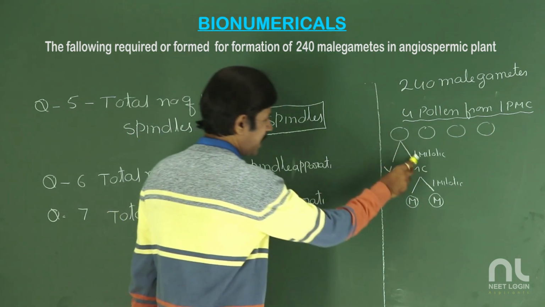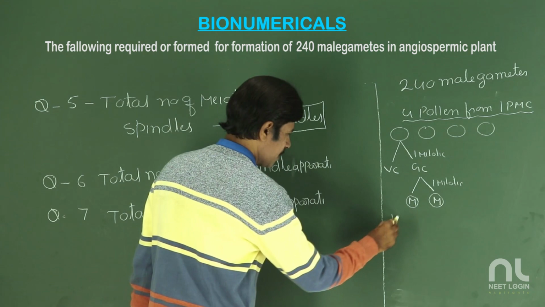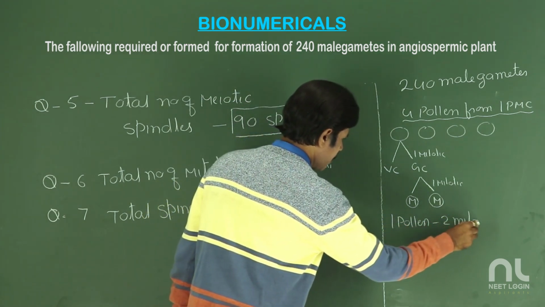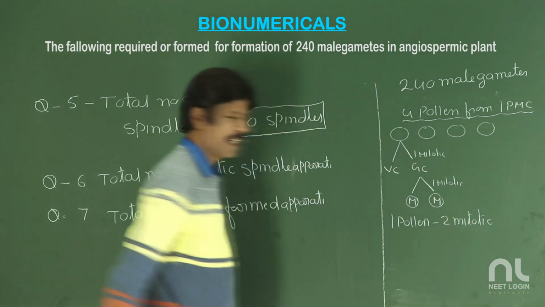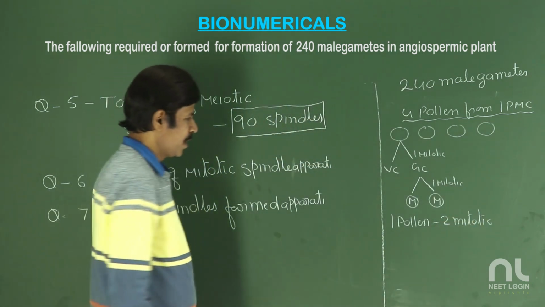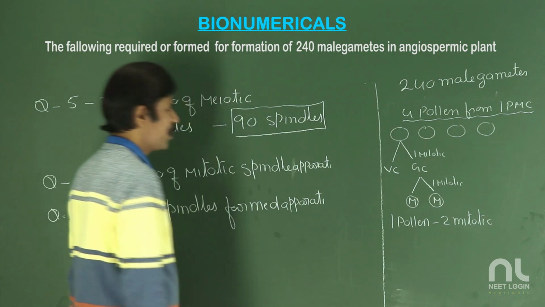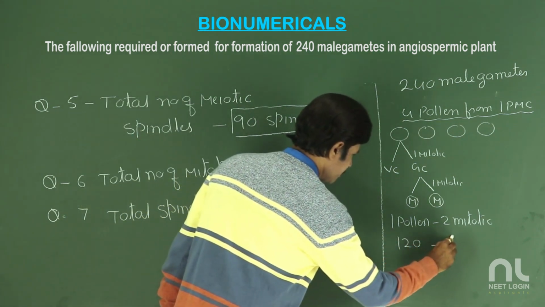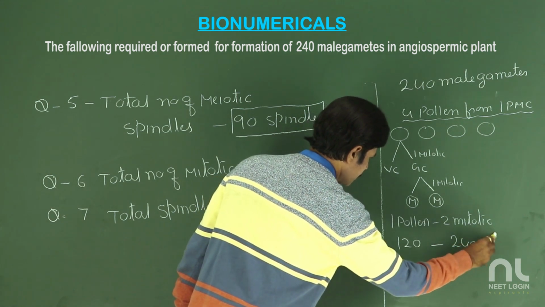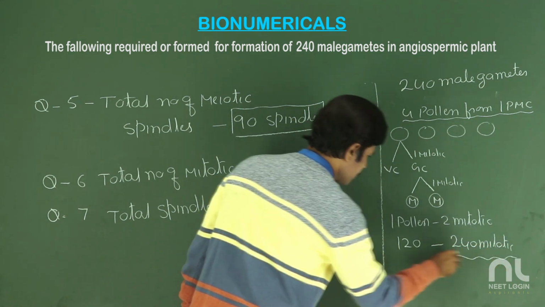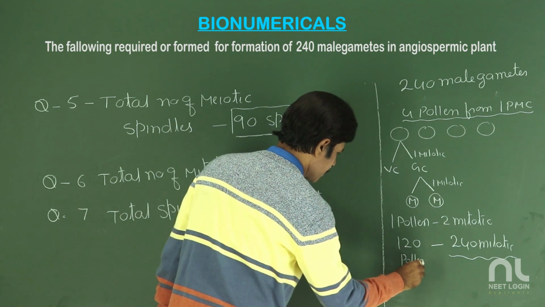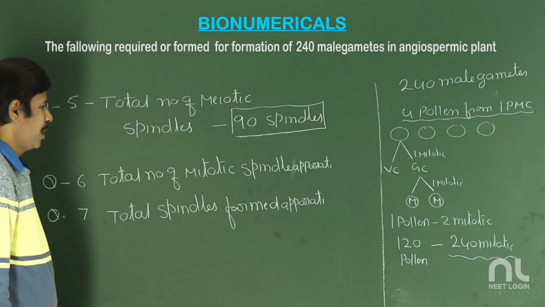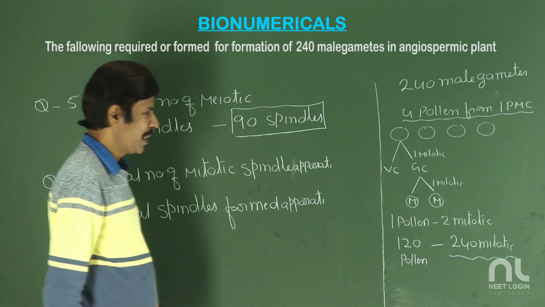One pollen grain undergoes 2 mitotic divisions. 120 pollen, 240 mitotic divisions.